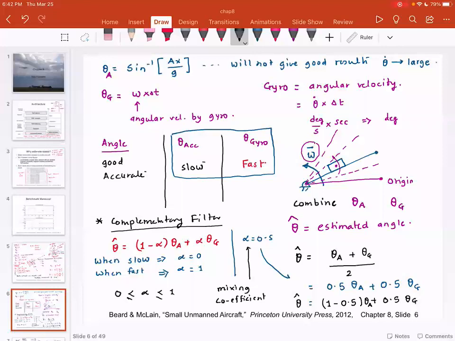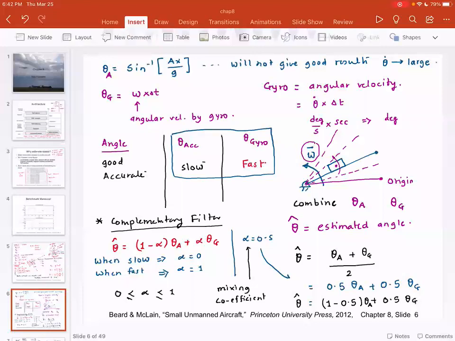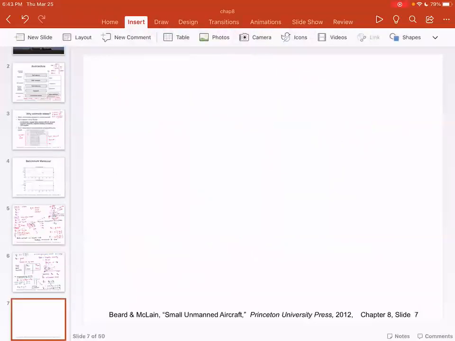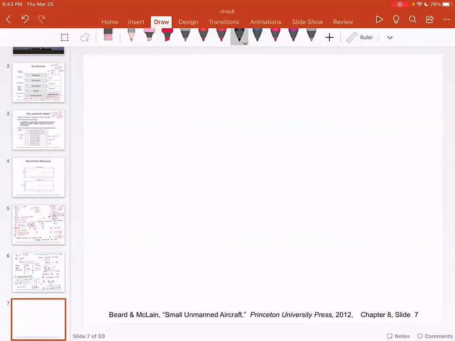Any questions here? Does this argument make sense? So now our problem is, how do we decide this value of alpha?